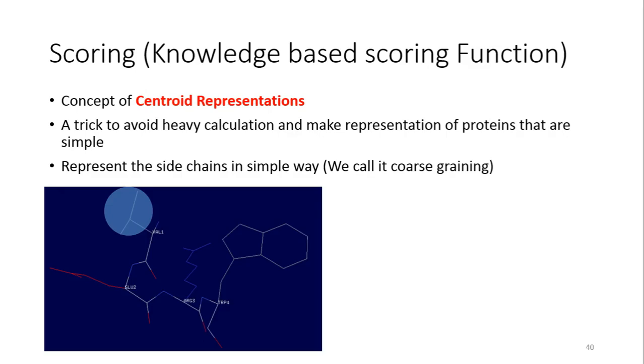So what these people did was draw a sphere of a radius that covers the entire side chain, as you can see over here. This sphere is considered a single entity, the side chain, or simply we call it the R group. This R group, or side chain, will have a specific volume and a specific position around the protein's backbone, based on which amino acid residue it represents.